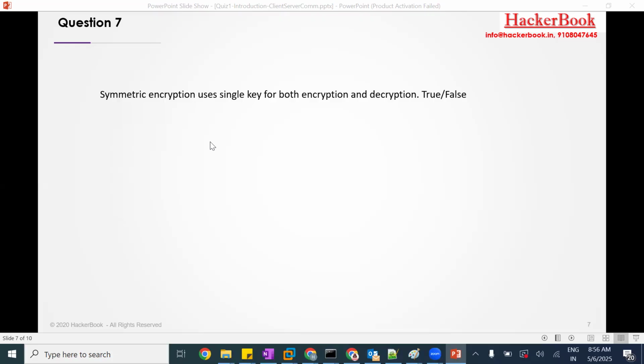How come a few people have mentioned it as false? Symmetric means the same key is used both for encryption and decryption. True or false? It is true.